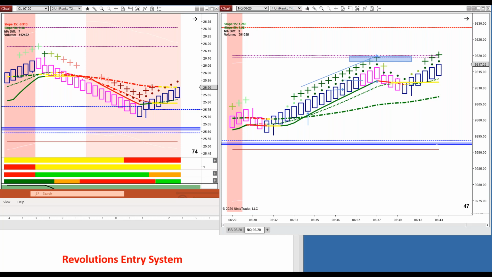Completely different than this. We have two systems, and you were looking at a completely different system, Austin. There was no revolutions indicator. There was no template. There wasn't this level of complexity. It's a great system, but this is the revolutions system, and it's just a different system.